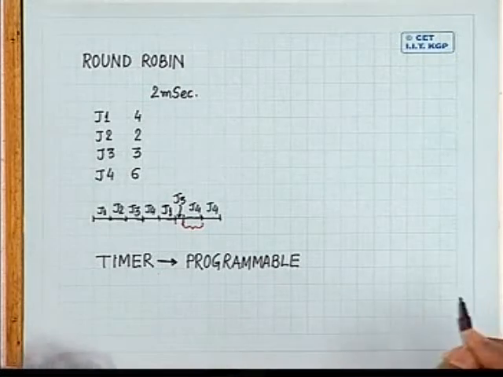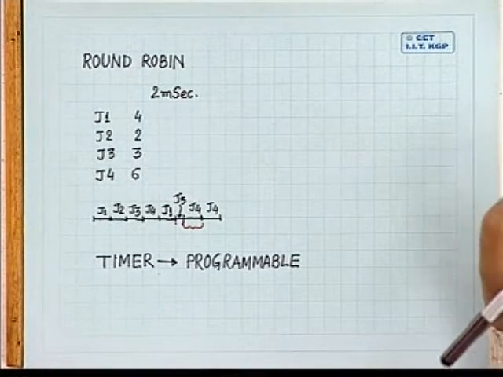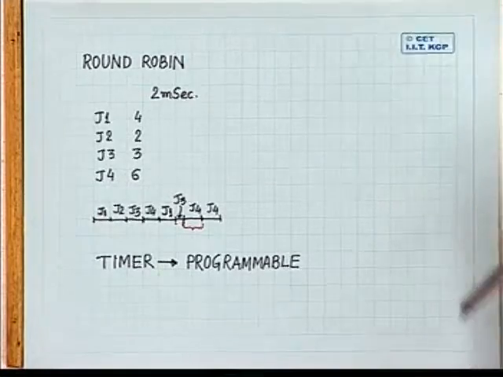So what has to be done now? Whenever the CPU scheduler decides that a new job has to be allocated to the CPU, or it allocates a new job to the CPU, immediately the timer has to be reset.